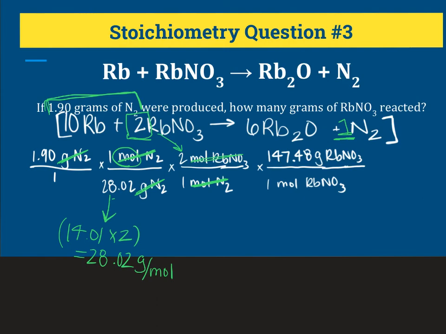Our last equivalent statement then needs mole of RbNO3 on the bottom in our denominator, so those two can cancel out, and we calculate the molar mass of RbNO3 by saying Rb, which is 85.47, plus N, which is 14.01, plus O, which is 16 times 3, which then gets us 147.48 grams per mole.